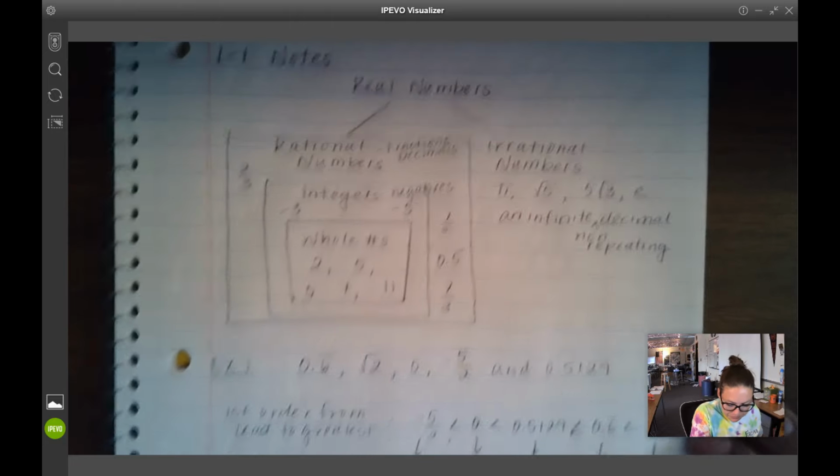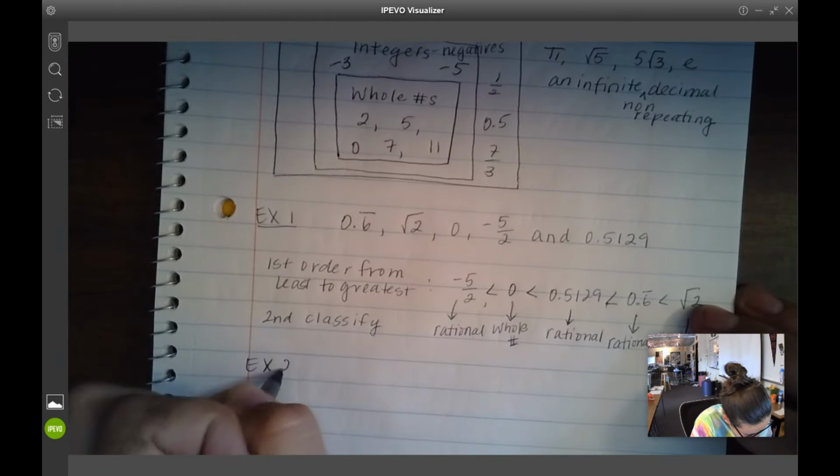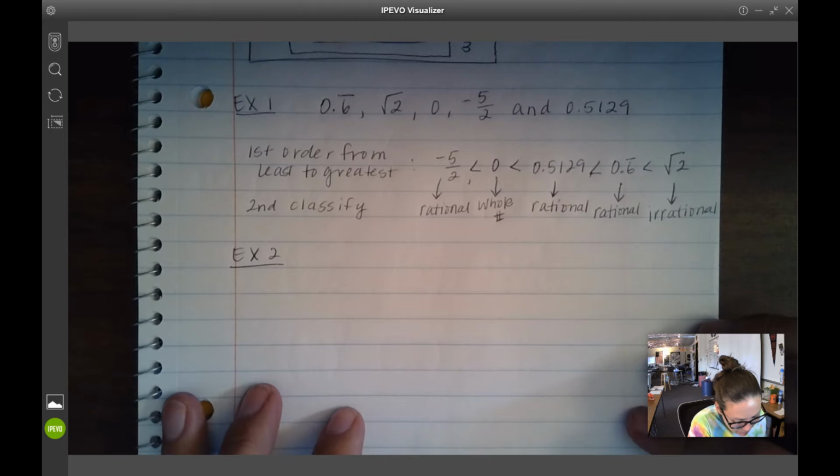Example 2. We are going to talk about inequalities versus interval notation. Let's say, for example, I have x is less than 3.